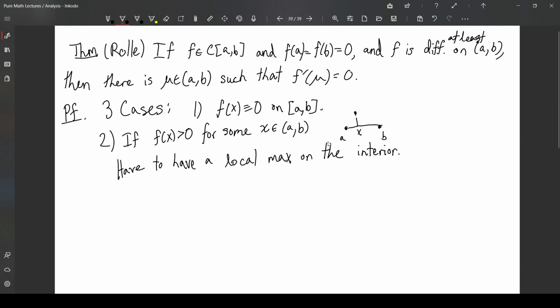And essentially what this is trying to say is that your max can't be on the endpoints, right? Because if the maximum were at an endpoint, that would mean the maximum is 0, which contradicts, well, I guess it's a local maximum. You would have a local maximum at an endpoint, right?